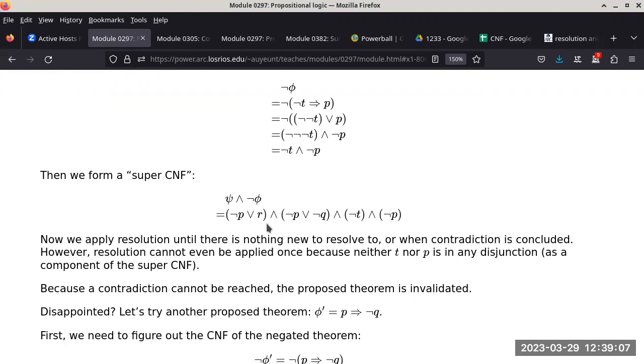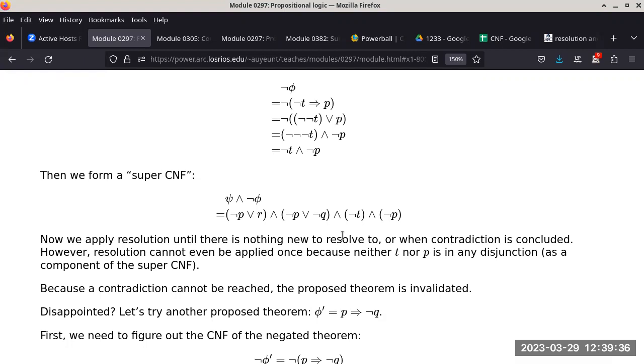So now the question is, when I look at this, can we apply a single step of resolution? How do we apply resolution? We need two disjunctions, one mentioning a variable, the other one mentioning the same variable but negated. The systematic way to do this is to start with the first disjunction, and then you ask, do I see anything that has P in it, not negated?